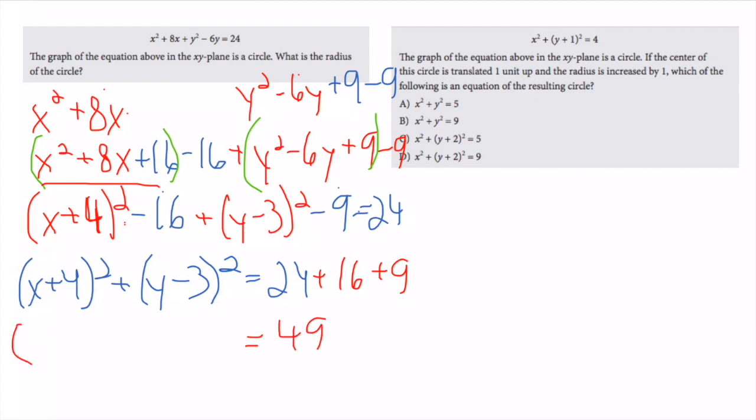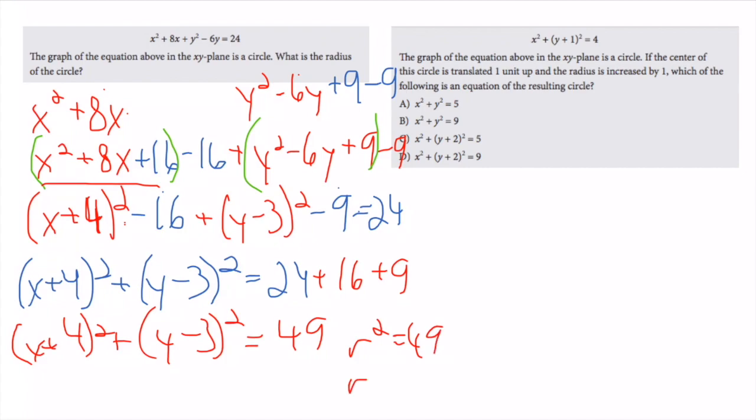So my final equation is x plus 4 squared plus y minus 3 squared equals 49. So the radius of the circle, I know that r squared equals 49. When I square root that, r just equals 7. So the radius of my circle is 7.